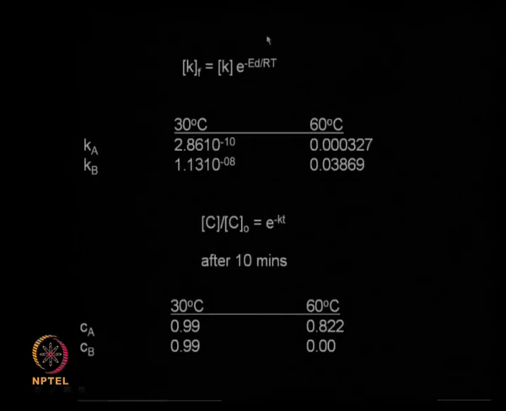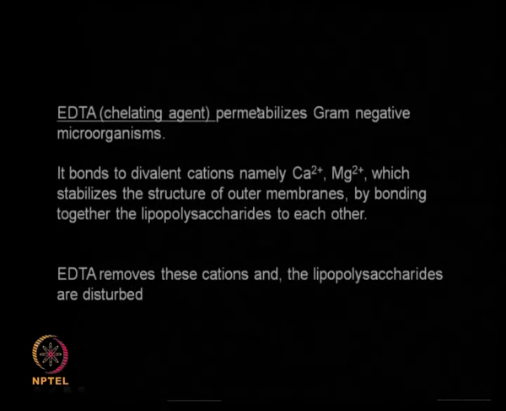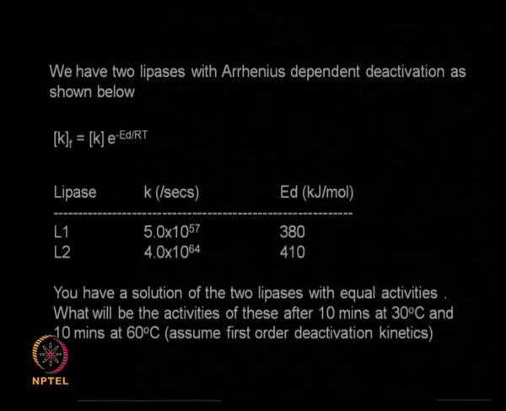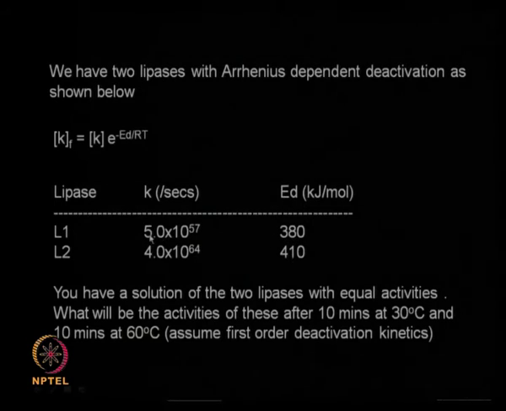So as you know, this is the deactivation kinetics. So if you take lipase 1, the rate constant as Ka, lipase 2 rate constant as Kb. So at 30 degrees centigrade what do I do? Here I put 30, converted to Kelvin, and when it is 60 degrees I will put 60 converted to Kelvin, and the E values for lipase 1 and lipase 2 are given, and similarly the K also are given.